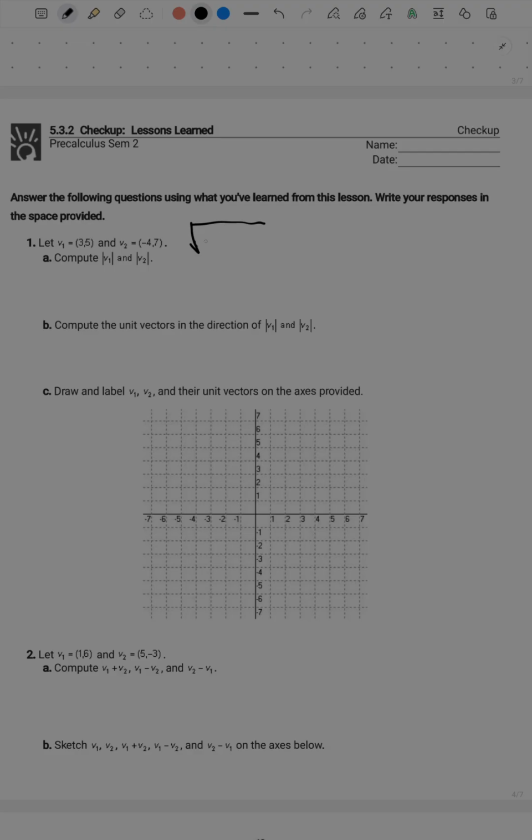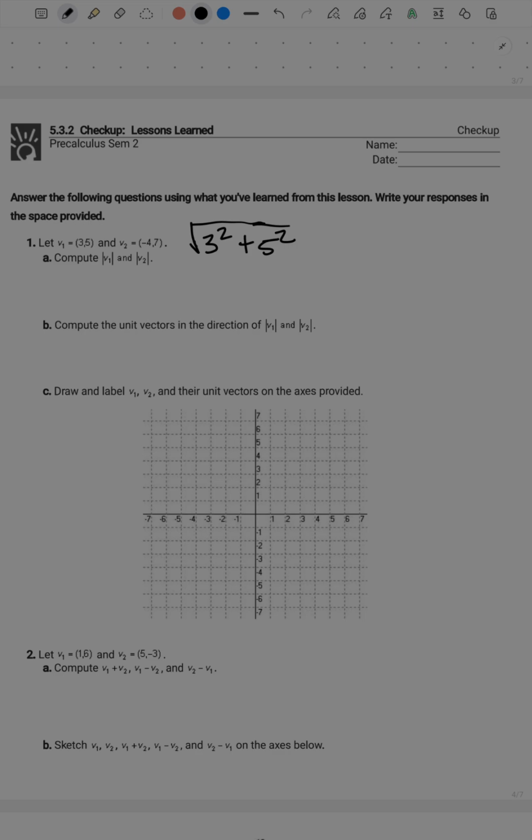So for v1, it's going to be 3 squared plus 5 squared, which is going to be equal to... How you get that is 9 plus 25, which is equal to 30, no... 9 plus 25, I believe, is 34. I don't know. I'm just thinking like a 3, 4, 5 triangle. So that's where that comes from.